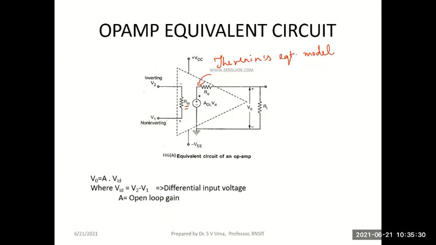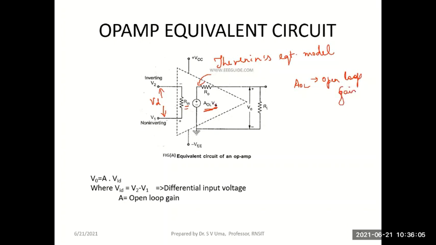And at the output side, we have a dependent voltage source AOL into VD, where VD represents the differential voltage between the voltages given at the two input terminals, inverting and non-inverting. This differential voltage VD is multiplied with AOL, which stands for the open loop gain of the op-amp.